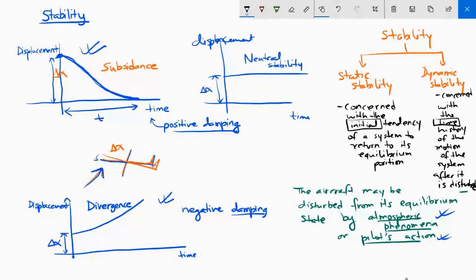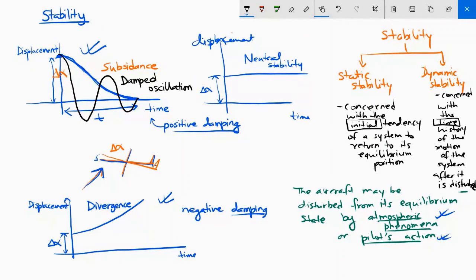So you could get this type of a behavior, for example. This sort of a displacement versus time behavior is called damped oscillation. So in this case, as time passes, okay, the aircraft is going to pitch up and down, right? So there is going to be some oscillations, and then eventually it will come back to its equilibrium state.